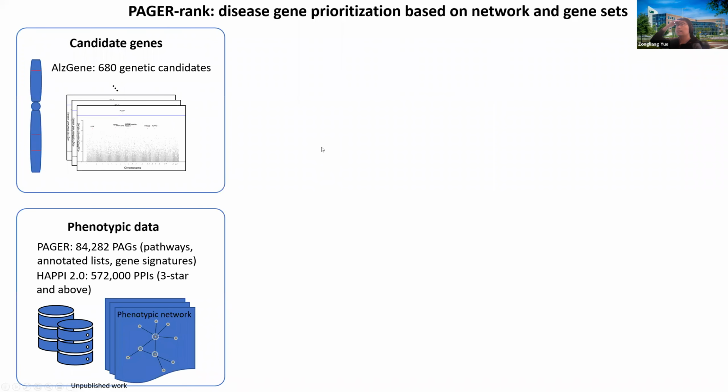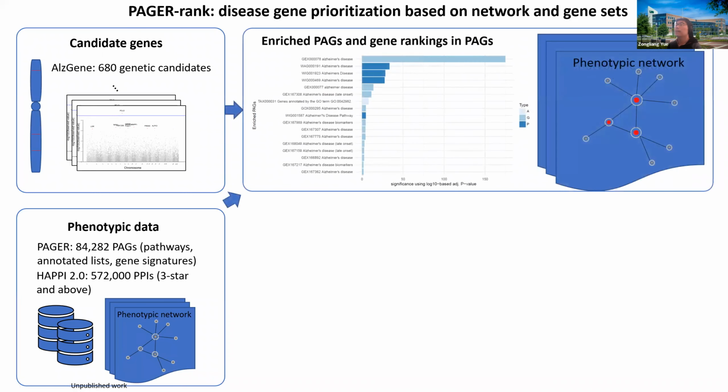And the extended application of PAGER, like PAGER-rank: assume we have a list of genes. Can we use this prior knowledge to do prioritization of the genes using this phenotypic network? In this example, we have 680 genetic candidates, and we also get phenotypic data from the PAGER and HAPI database.